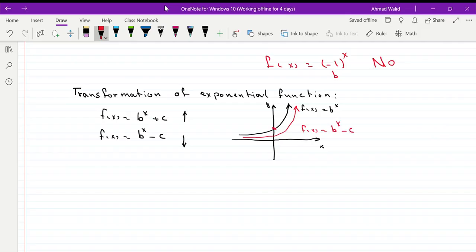You are shifting c units down, or you can shift your graph c units up.